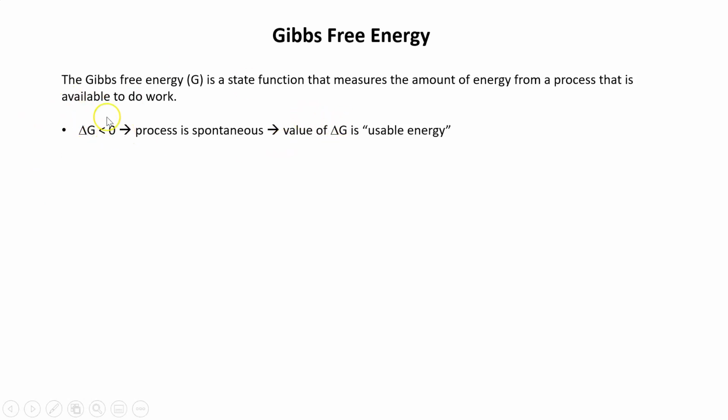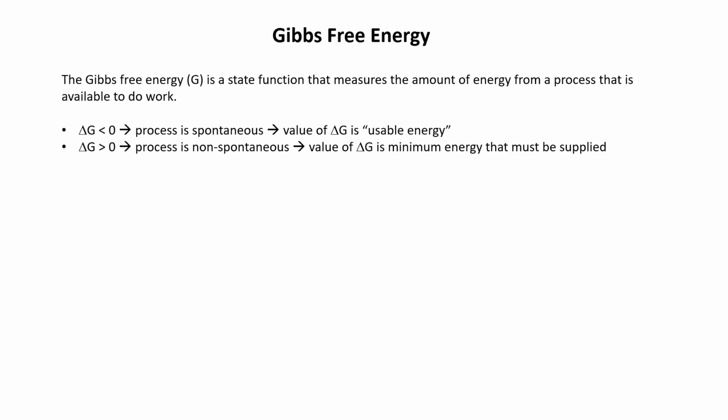And whatever the value of that delta G is, the negative sign tells you it's spontaneous. And then the magnitude of delta G is going to give you the usable energy. That's the amount of energy coming out of the system that could theoretically be used to do work. If you have a battery or something like that, that's just the amount of energy that could push electrons through your phone to light up the screen and make calls and things like that.